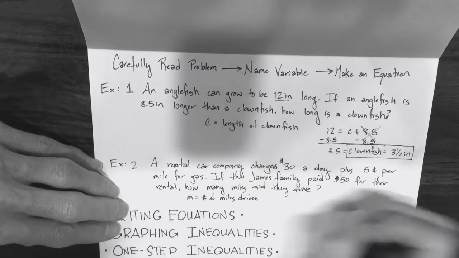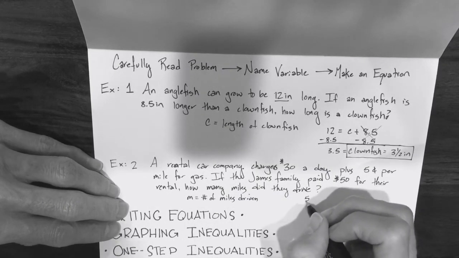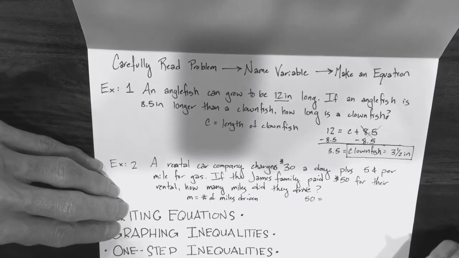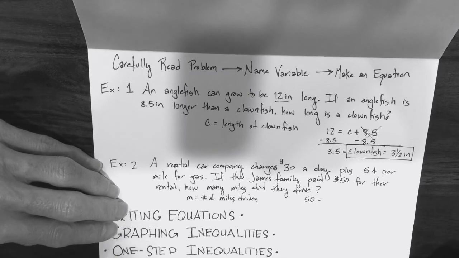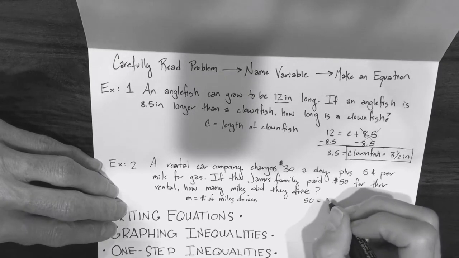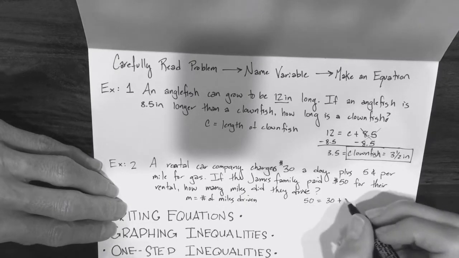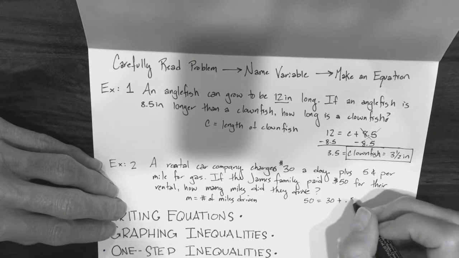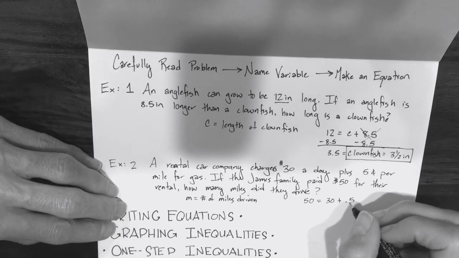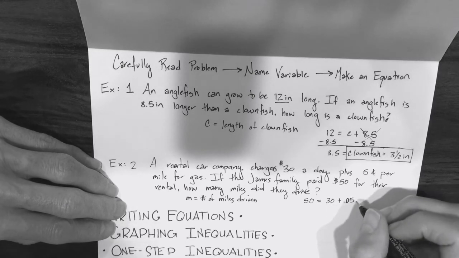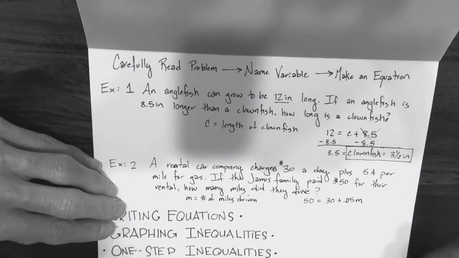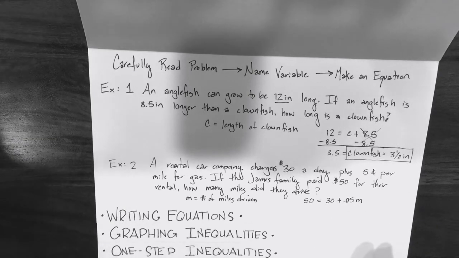So everything that they explain in the problem equals $50. So 50 equals the $30 a day plus the 5 cents per mile. So 5 cents, it's actually 0.05 times however many miles that they drove.